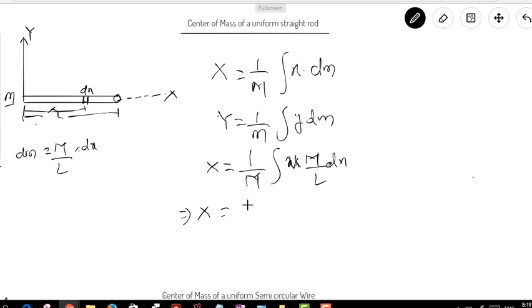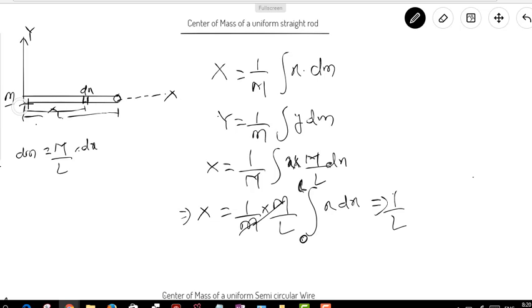So let us solve this one. It will become 1 by m, and because m by L, m and L are constant, we can take them outside. So this will become integration of x dx, and this m will get cancelled. This will become 1 by L, and we can apply the limit of the integration from 0 to L, so that it will cover this rod completely.